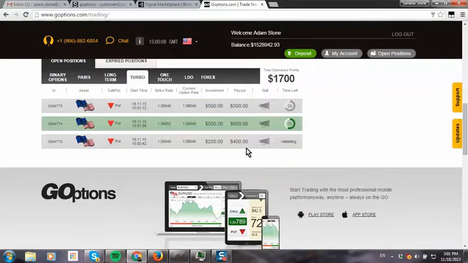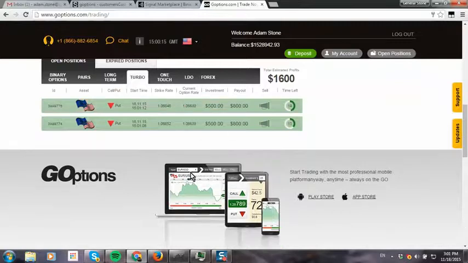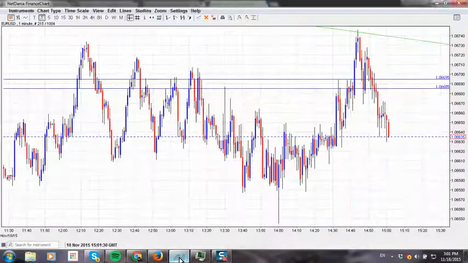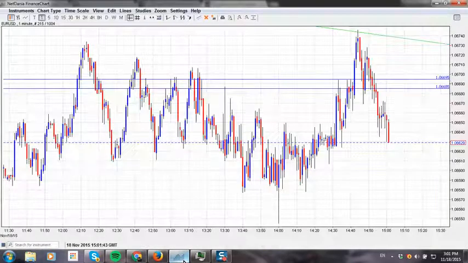Let's see what happens there. We won that, fantastic. So that means that right now I'm $200 up on my turbo trading. And it looks like I'm about to make some real serious extra money. So most likely I'm going to make another $600 right now as long as these turbos come in.